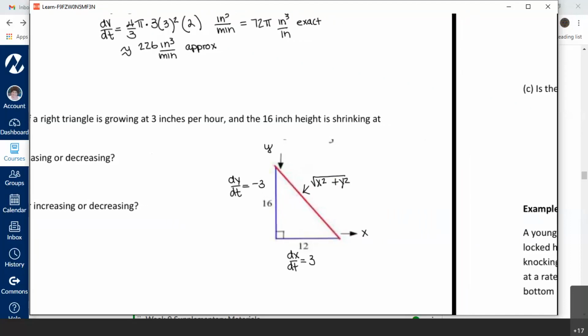You might remember that from the Pythagorean theorem. This part's called the hypotenuse, and you think of it as c squared equals x squared plus y squared. Well, if I want just c instead of c squared, I take the square root of x squared plus y squared. Okay? All right, and when both of these values are set at 16 and 12, what would this be?